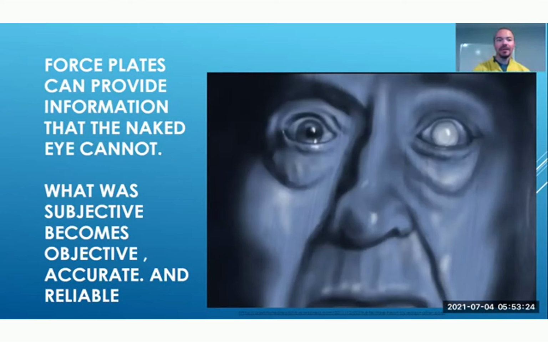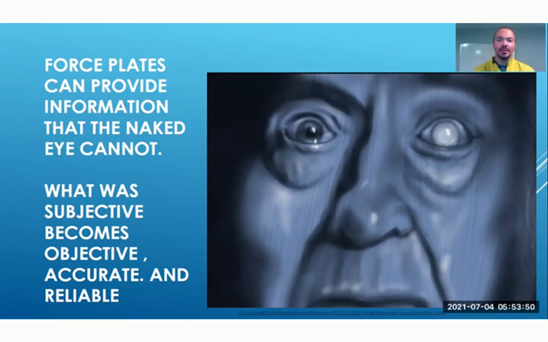Okay, force plates can provide information that the naked eye cannot. What I mean by that is that as we gain experience as coaches, when we're watching our athletes move, we're constantly breaking down what they're doing and analyzing it, using it as a sort of informal test.